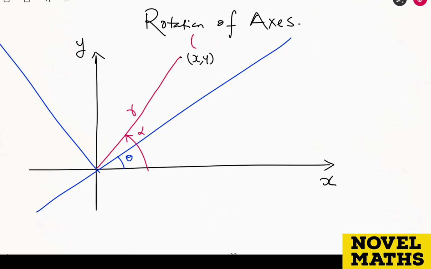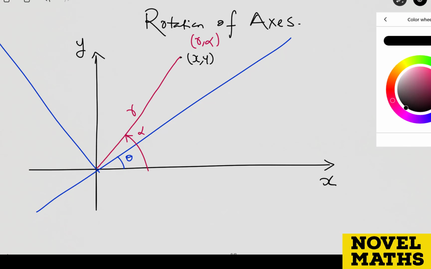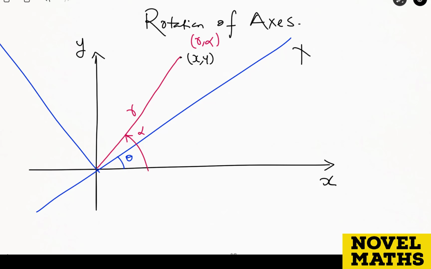So in the polar coordinate system, this will be r and alpha, r length and the angle with respect to this original axis. In this new transform, let's make it small x and y. With respect to this new axis, the angle is what? Alpha minus theta. In this capital X and Y coordinate system, what is the value of X? X is r and this angle, alpha. So X is r cos alpha, and Y is r sin alpha.